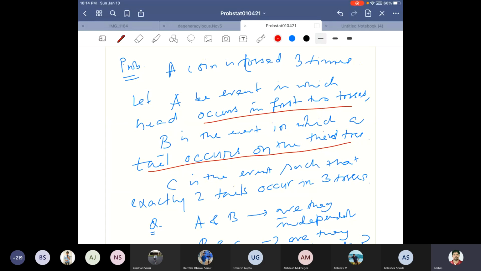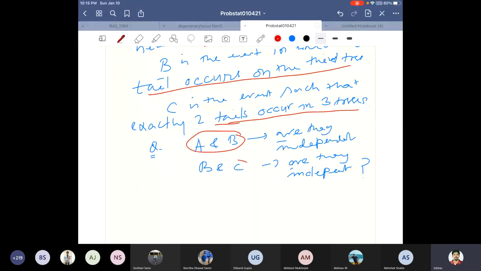Similarly, when considering event A, you don't care what the outcome of the third toss is. And C is the event that the total number of tails is 2 when you are tossing 3 times. Then my question is whether A and B are independent or not, and B and C are independent or not.